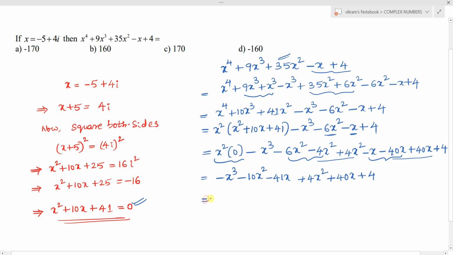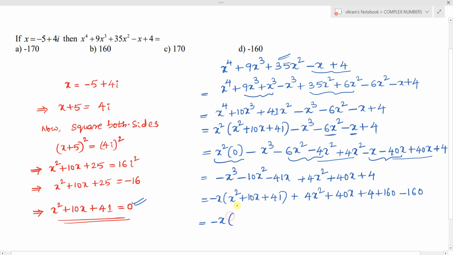If we take minus x common, we can write x square plus 10x plus 41. Now if we take 4 common, I can write 4x square plus 40x plus, I am adding plus 160 and minus 160. Why? Because if we take 4 common, the constant term is 41, 41 into 4 is 164. To get that one, I am adding plus 160 and minus 160.